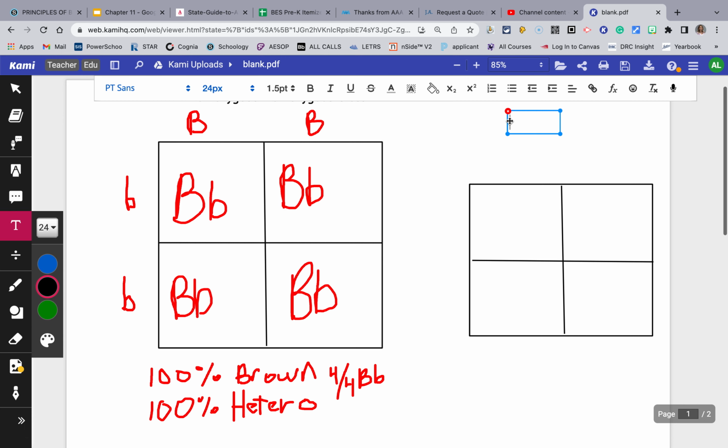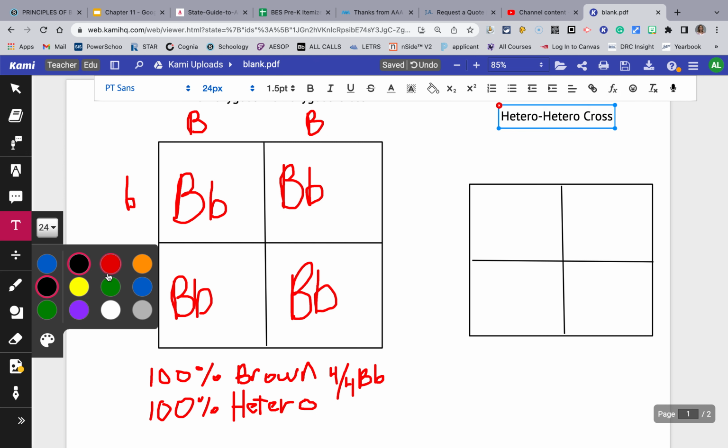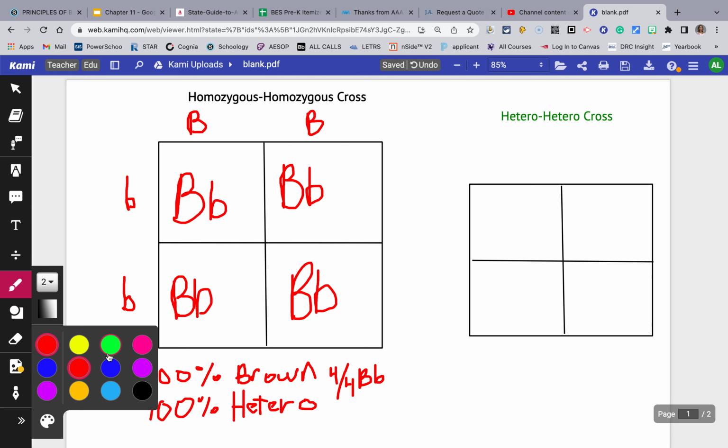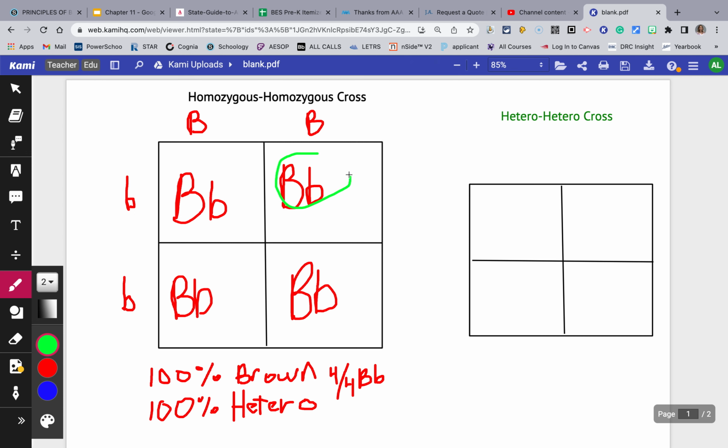So what happens when I cross, let's do a heterozygous, hetero cross. So again, this is what happened. Mendel crossed the F1 generation, okay? So let's take this guy and cross it with this guy, okay?